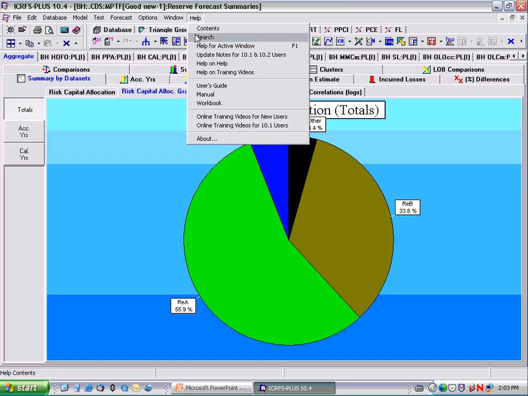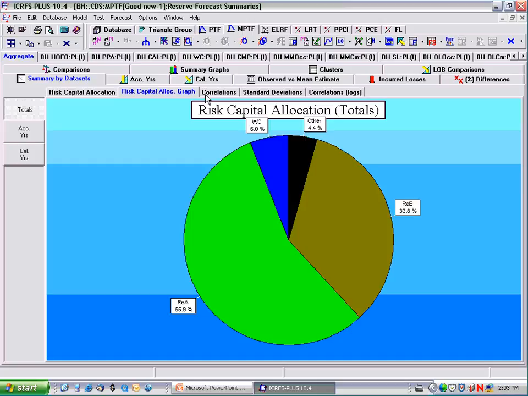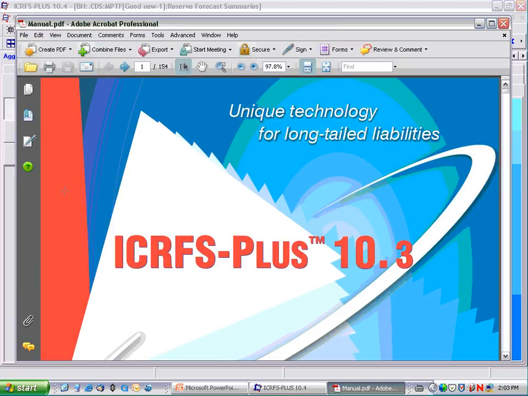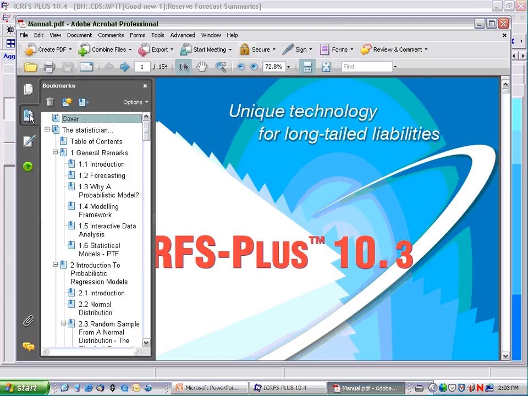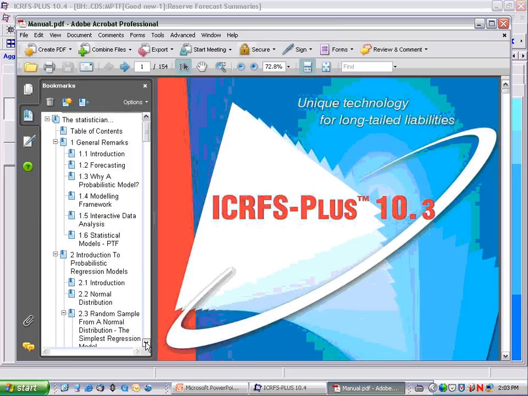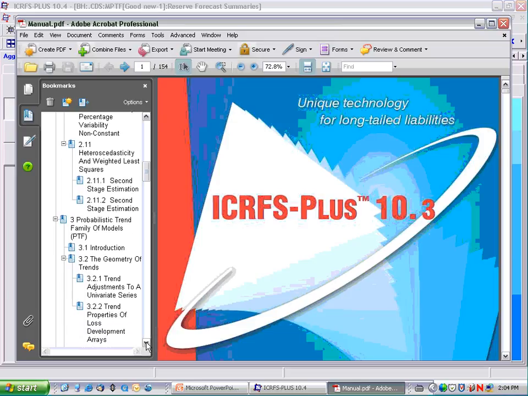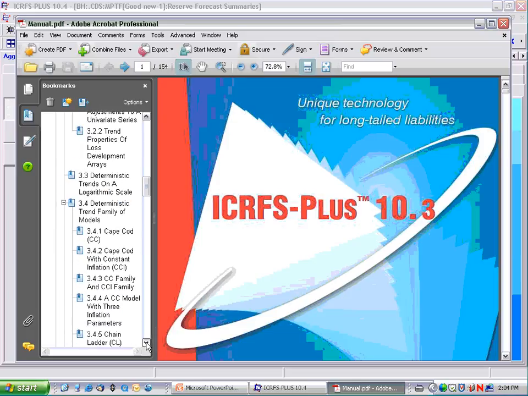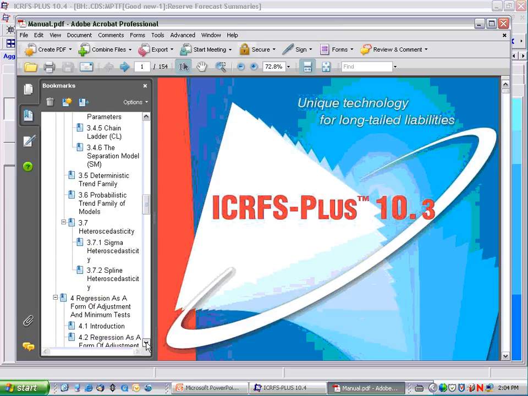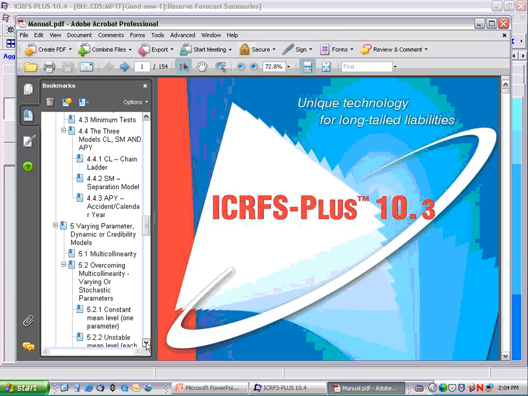So if you go to help and you go to the manual, how do I get the, okay, there's something here on risk capital. We use a variance covariance formula. See if I can find it. If you just bear with me.